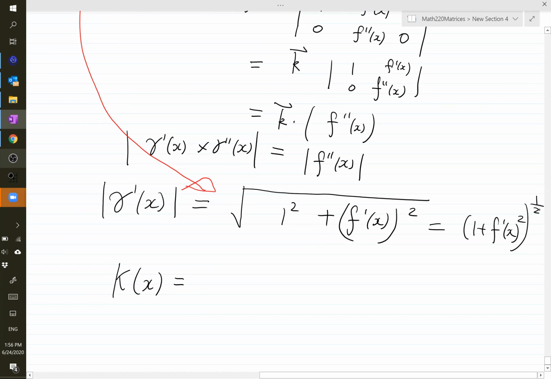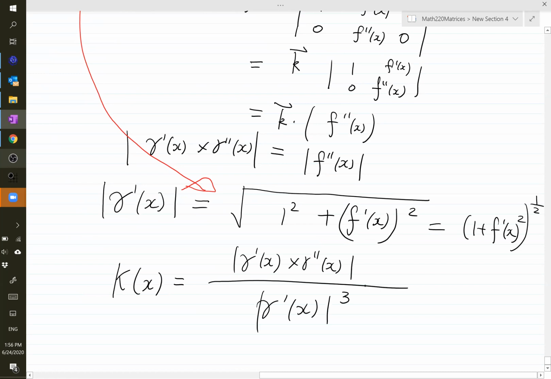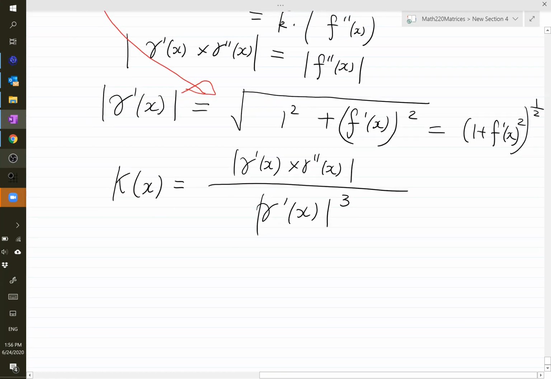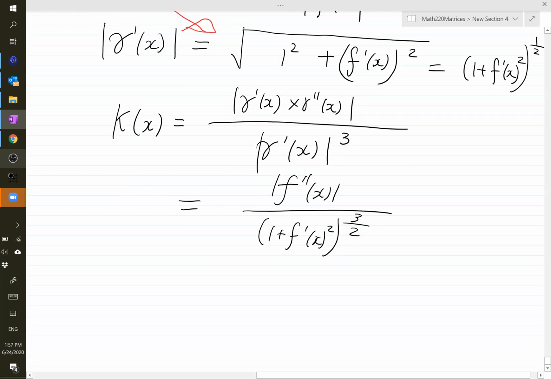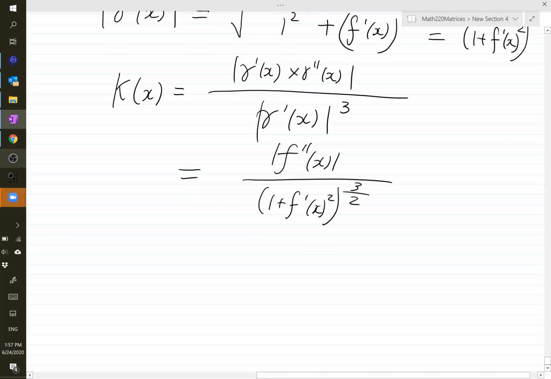So kappa at x is the absolute value of the cross product over the norm of r derivative to the power 3. Rearranging everything, the numerator is the absolute value of f second derivative, and the denominator is 1 plus f derivative squared, to the power 3 over 2.